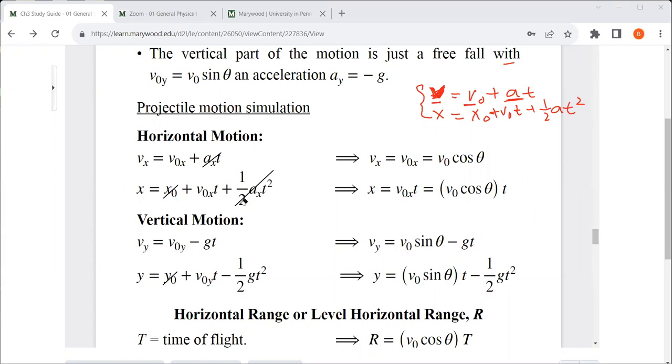Because we now have both components, to differentiate the x component from the y component, I use subscript x, so v is now vx and v0 is now v0x.